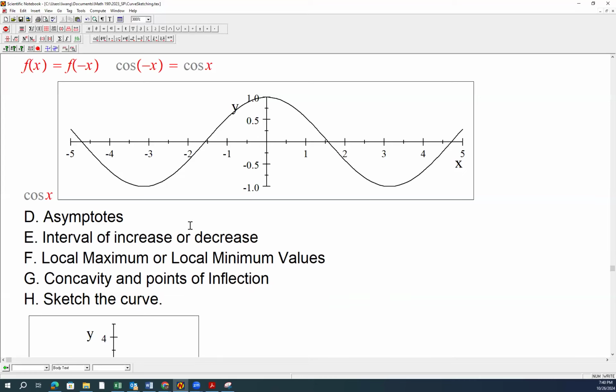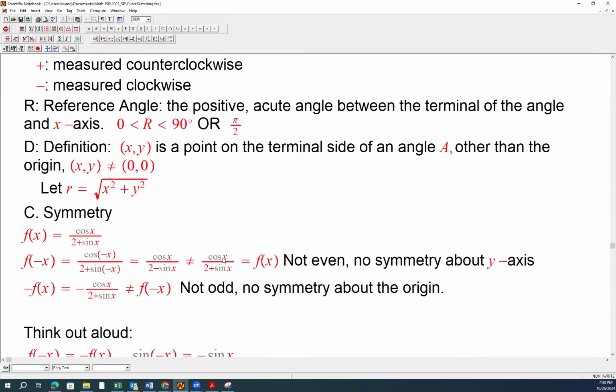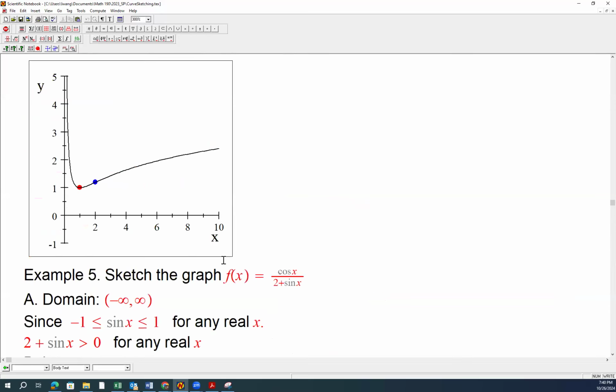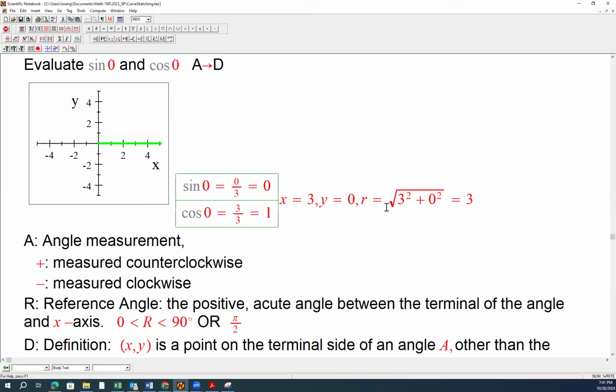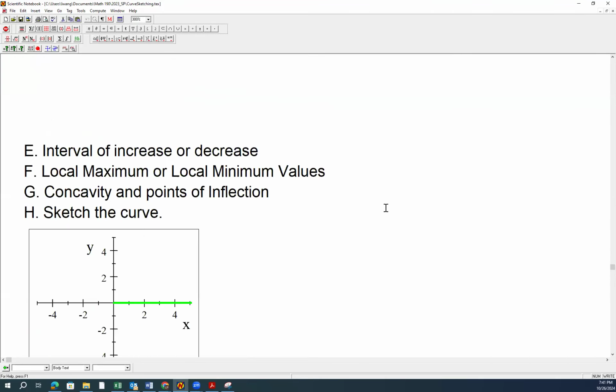Asymptotes. Typically, we'll consider horizontal asymptote and vertical asymptote. For vertical asymptote, we have no place where the function is not defined, right? So we don't have any vertical asymptote. Vertical asymptotes typically happen when there are certain points on the number line that are not defined.